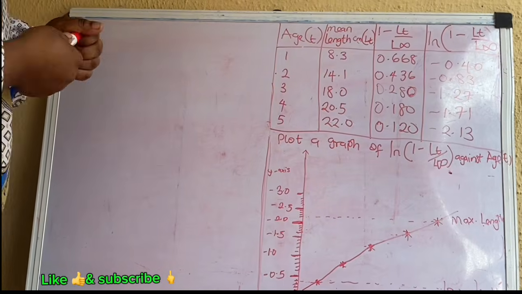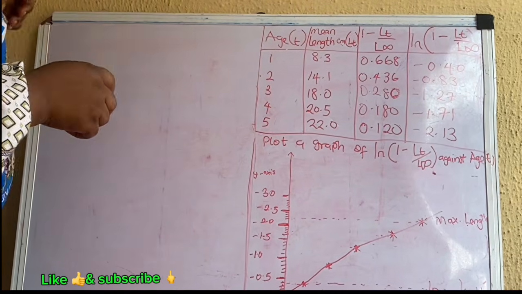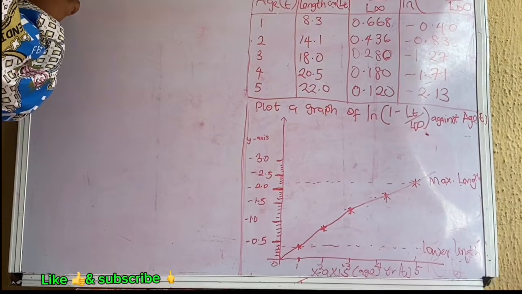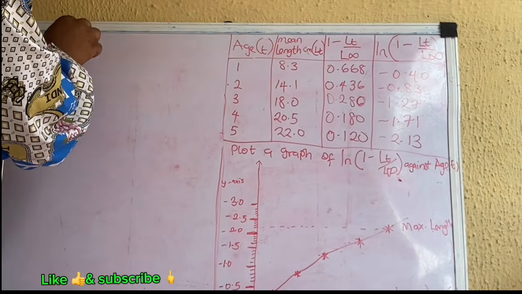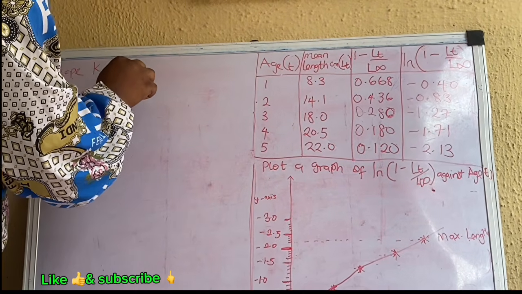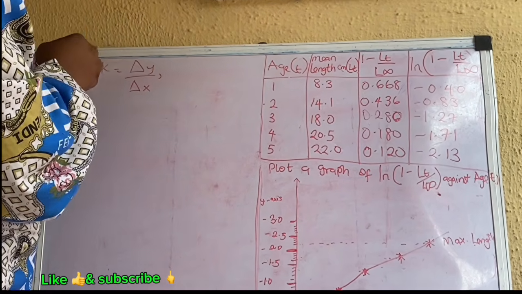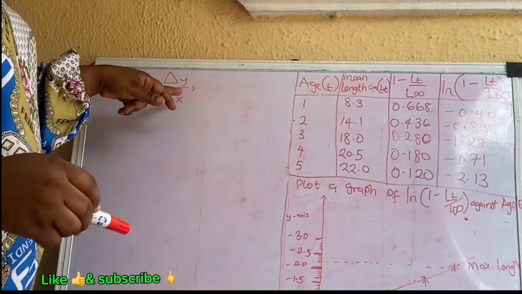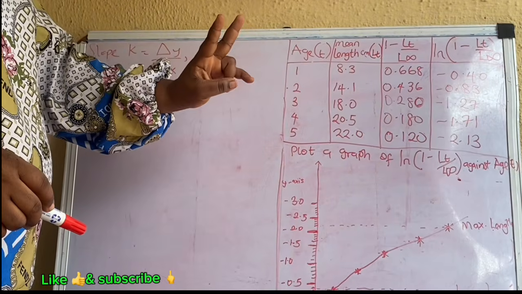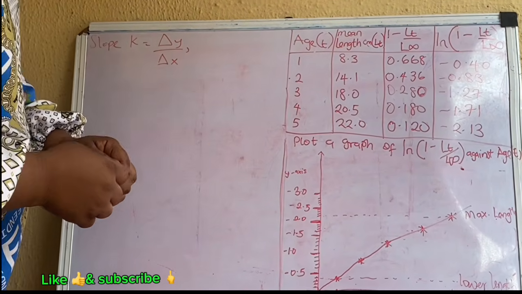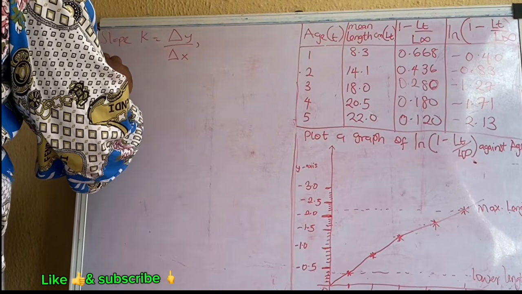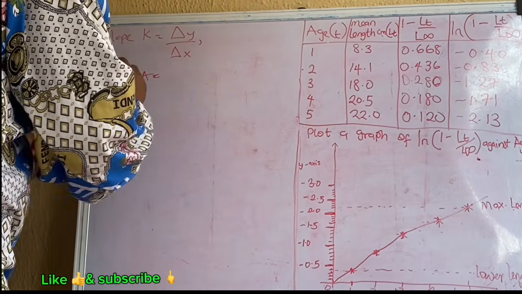So now we are going to check the k, which is the slope. For you to check the slope, you have change in y all over change in what? X. This one now is the y all over the x. Now you're going to use the coordinates of 2 points. If you check your point a, point a is what?